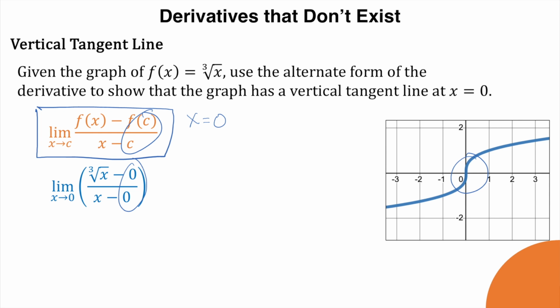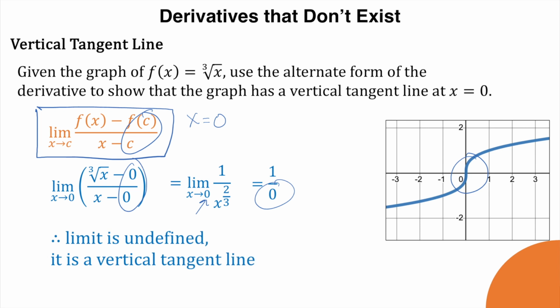So I'm going to make this into fractional exponents. So x to the negative 2/3, or it's easier to see where we're going here if you put it as 1 over x to the 2/3. Now, if we plug in 0, a direct substitution, we get 1 over 0. You can't have a 0 on the bottom of a fraction. So this limit is undefined because it is a vertical tangent line.